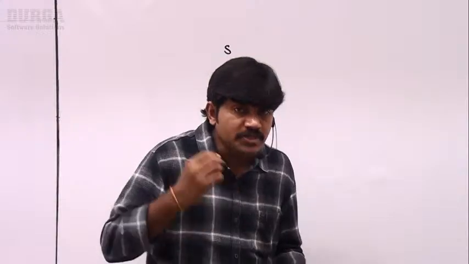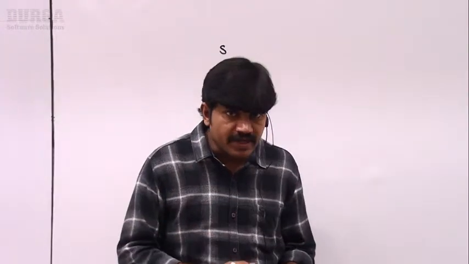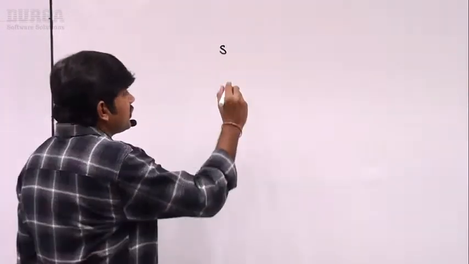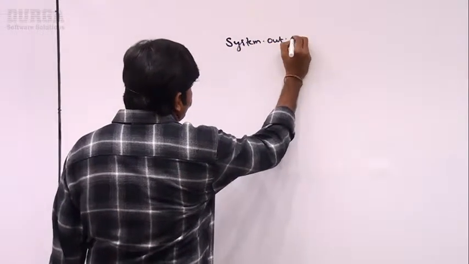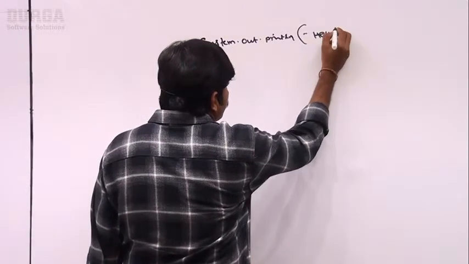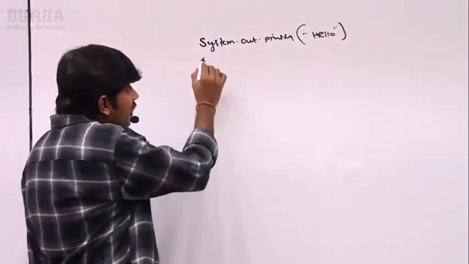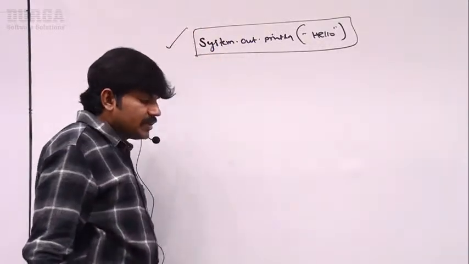Sir, there is one small difference between these two. If you are using the SOP statement, System.out.println or System.out.printf, in the JShell, there is a small difference you can identify. What is that difference? Here, see, if you consider System.out.println of hello, observe, because of this, no variable will be created inside JShell.